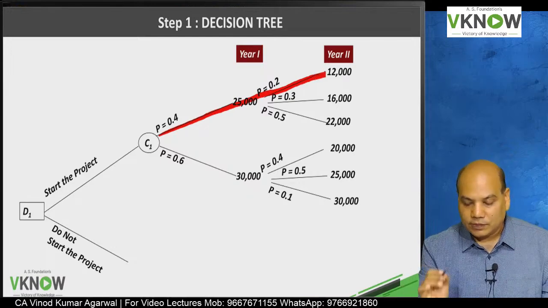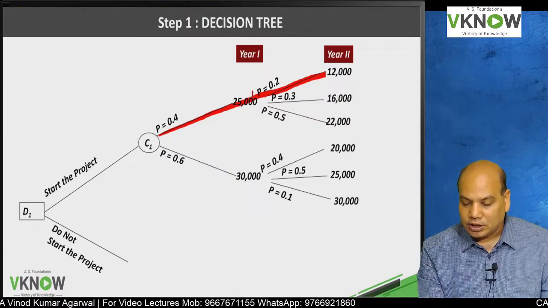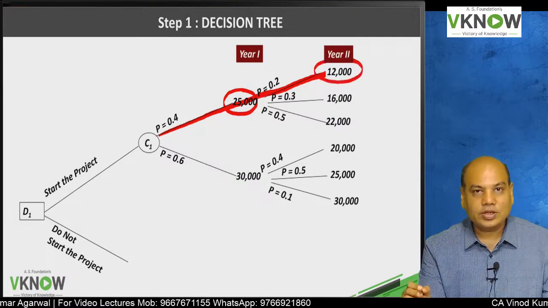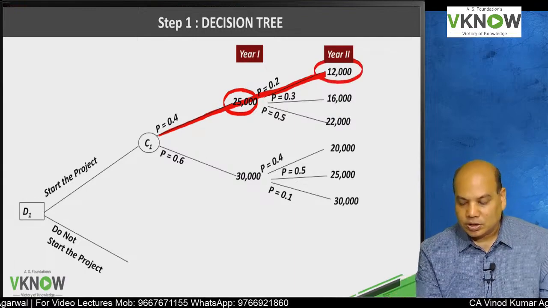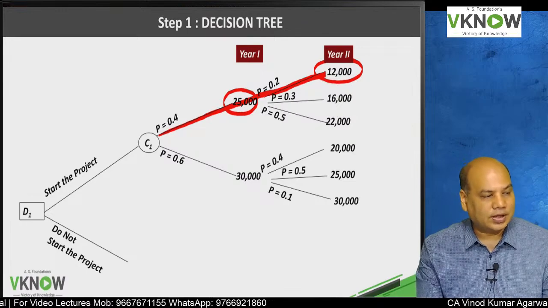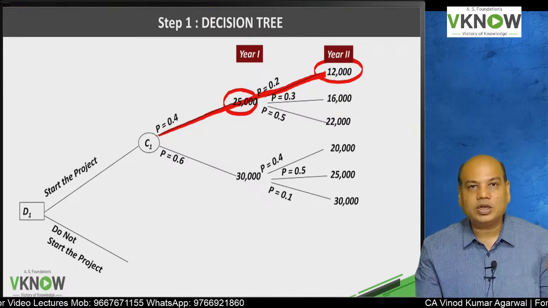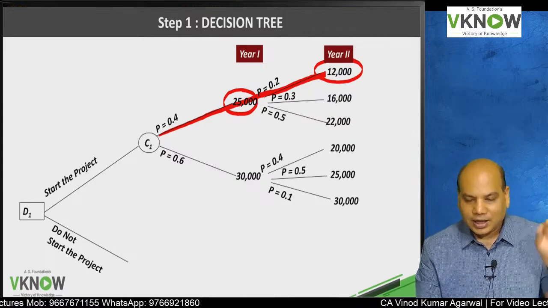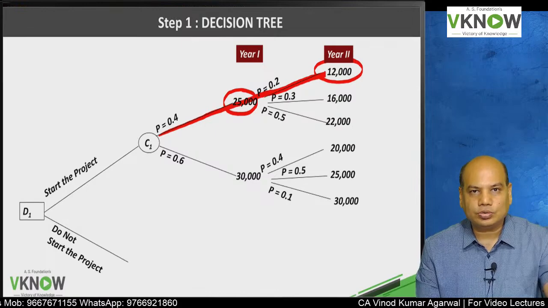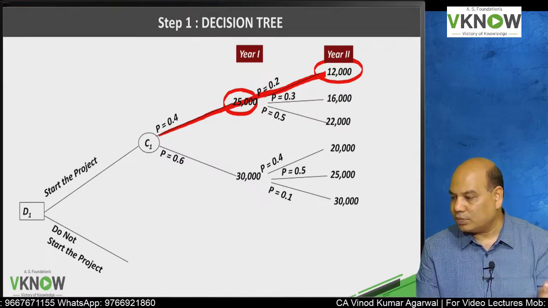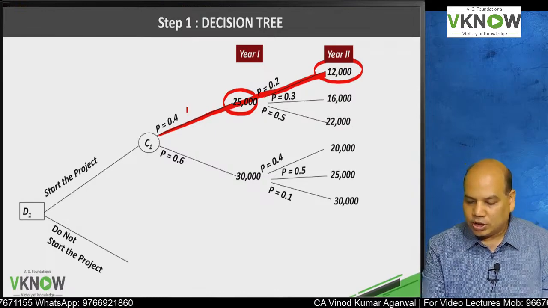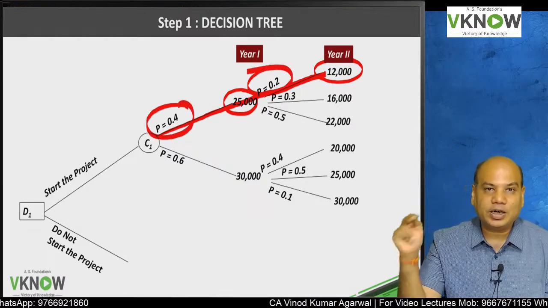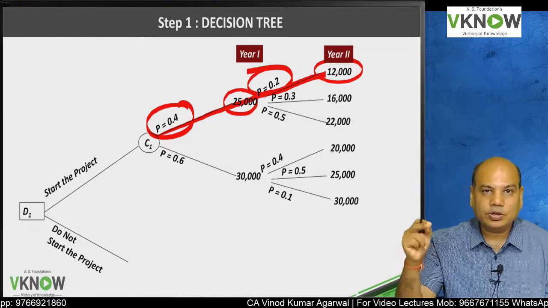The probability of the first path means getting 25,000 in the first year and getting 12,000 in the second year, which means it's like asking a statistical question. What is the probability of getting 25,000 in year 1 and 12,000 in year 2? Which means I am asking you a joint probability question, and in a joint probability question you have to multiply the two independent probabilities. 0.4 into 0.2.